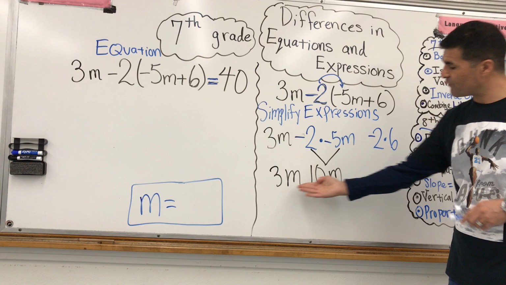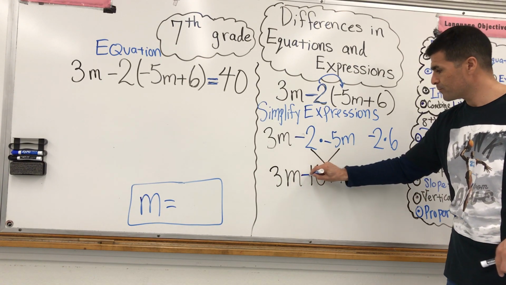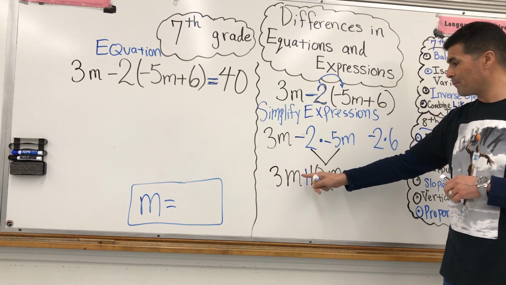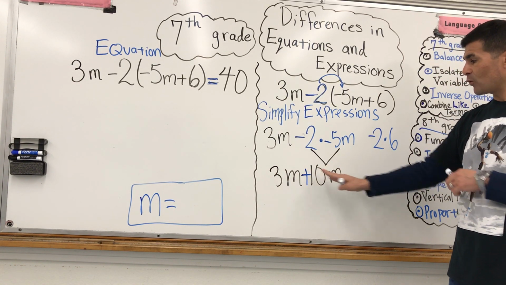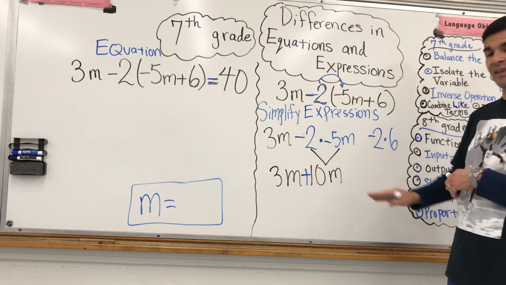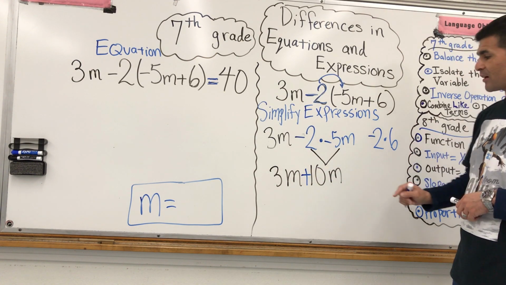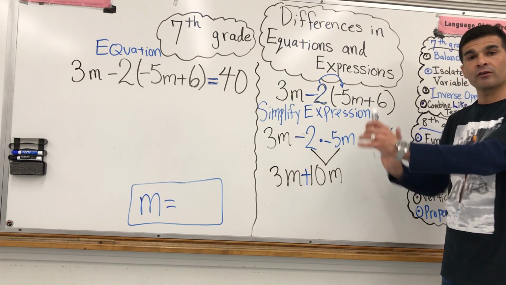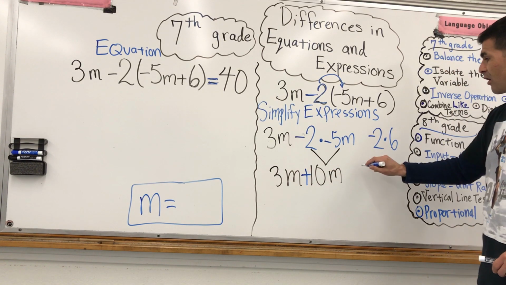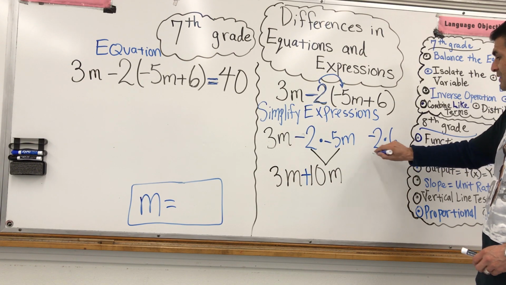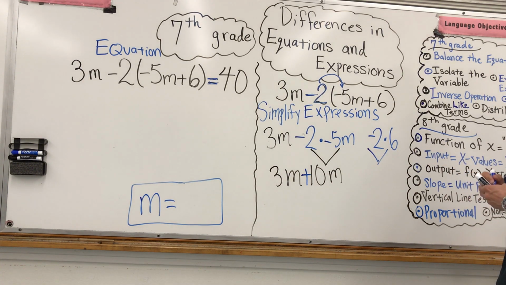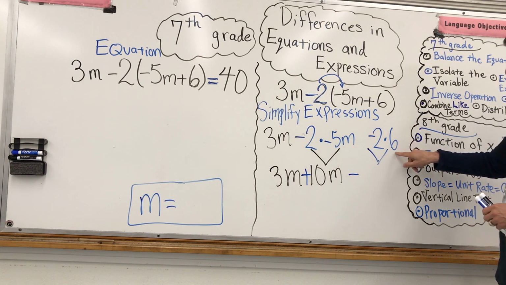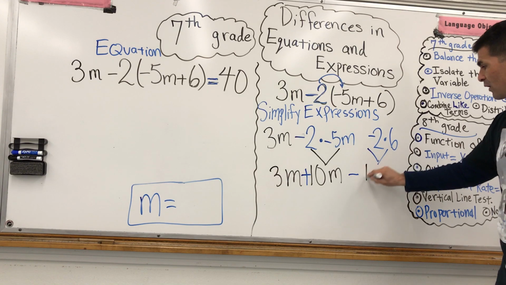If we don't put a plus sign right here, it might look confusing, because it would say 3m and there would be no separation between the 3m and the 10. So we want to put that plus sign there so that we know this 10m and this 3m are two separate terms. Now we're also going to bring down this, which gives us a negative 12, because a negative 2 times a positive 6 is a negative 12.